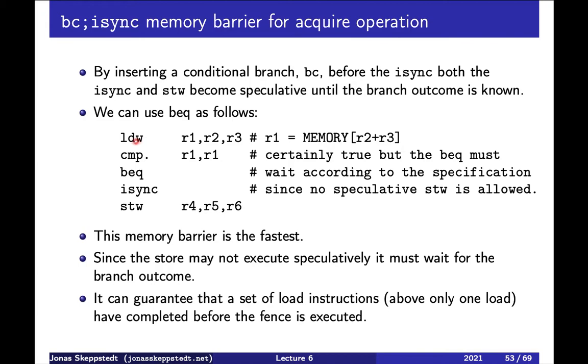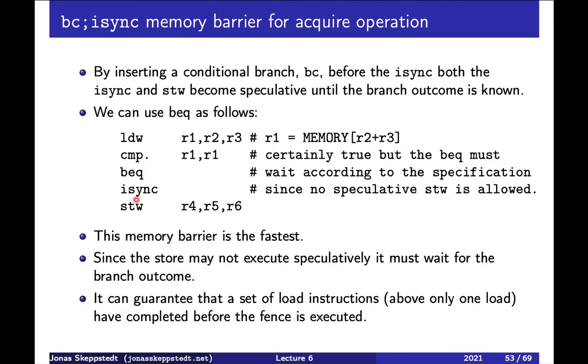So what we do is to load into R1, and then we make a comparison to see if R1 is equal to R1, which it obviously is, and then we have a conditional branch. How does that help us?